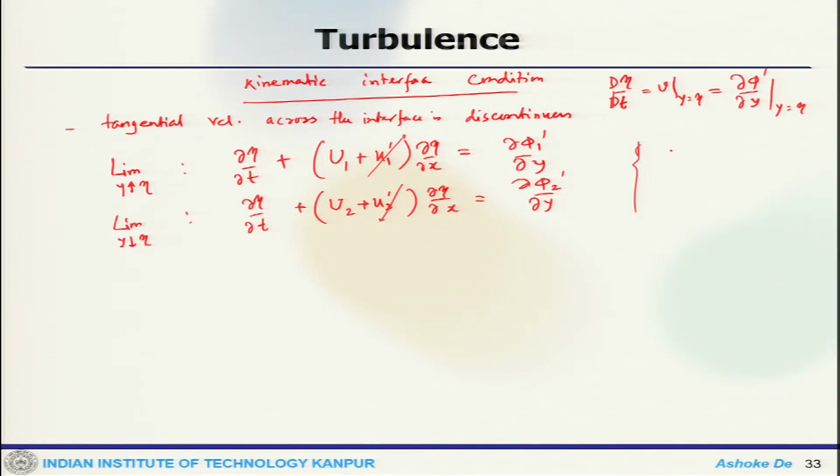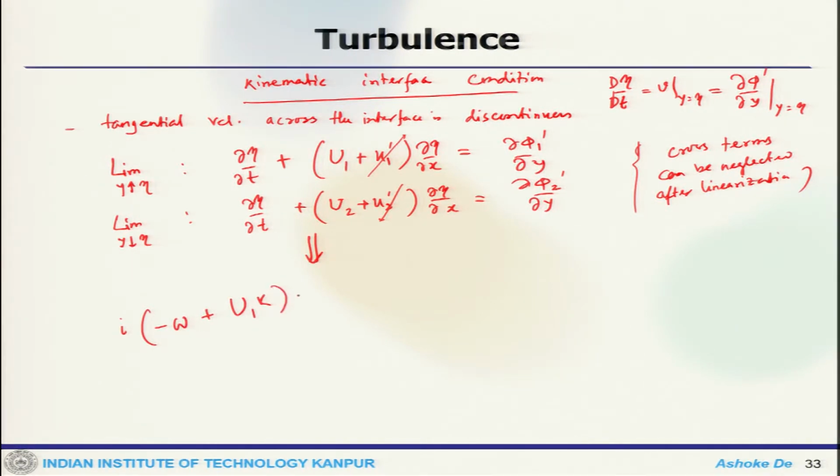So, these cross terms can be neglected after linearization, which gets us i times (minus omega plus u1 k) a equals to k b1 e to the power k eta, which is k b1.